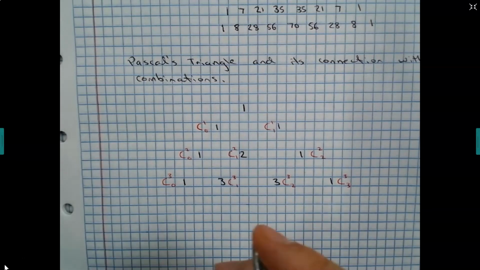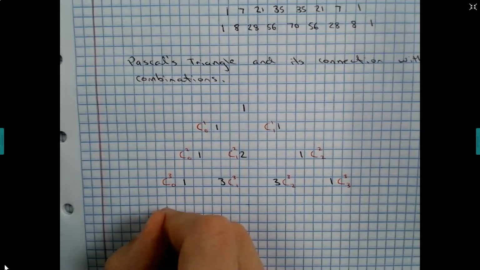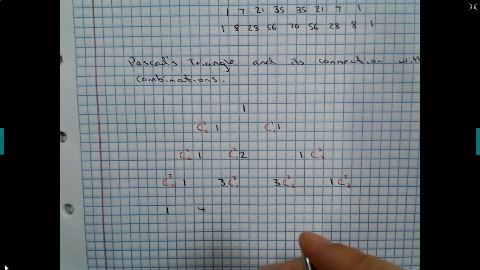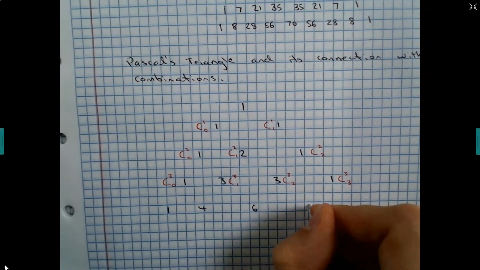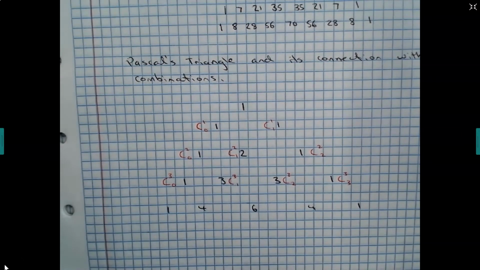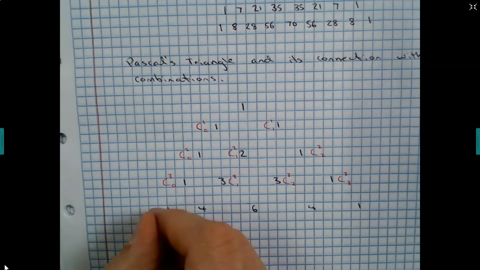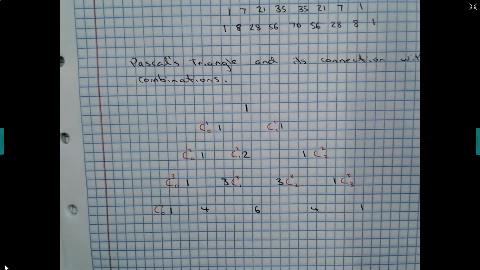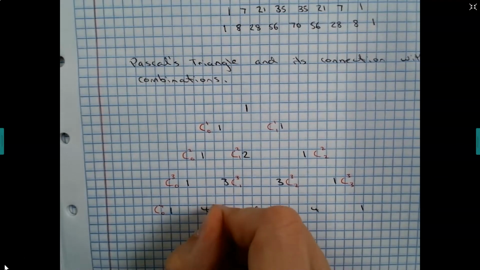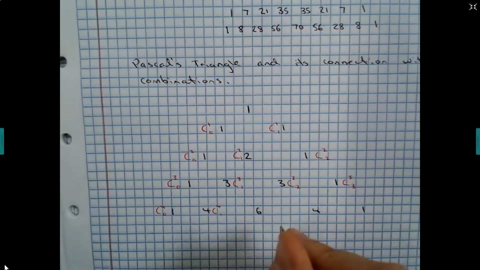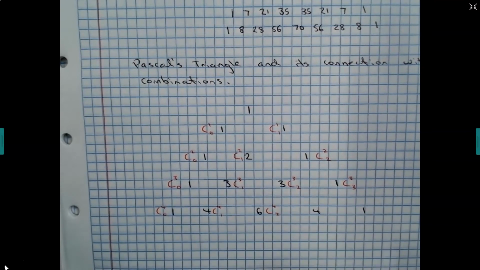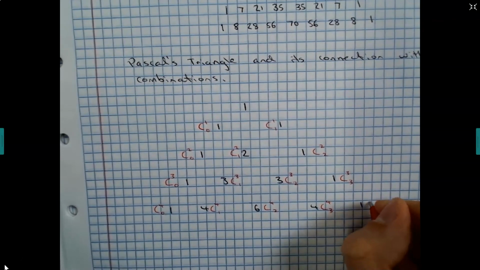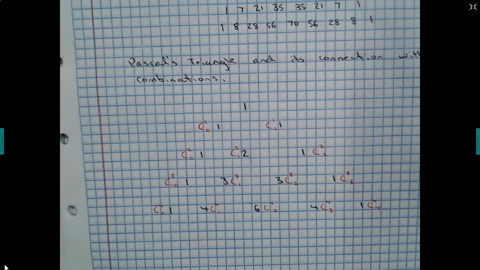All right, let's just do 2 more rows. So if I go 1, 4, and you can check these numbers from up here, 6, 4, 1. So this is going to be 4 choose 0. This is going to be 4 choose 1. This is going to be 4 choose 2. 4 choose 3. 4 choose 4.